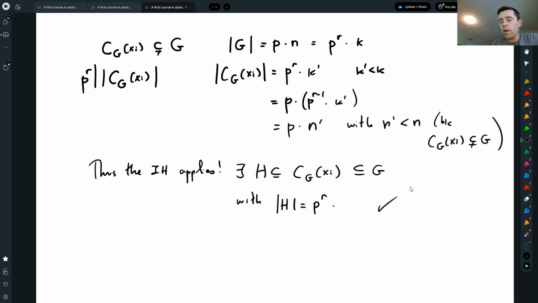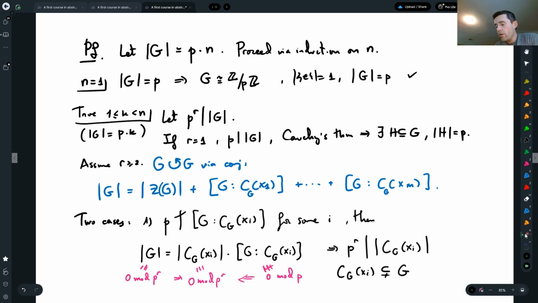Okay, so that is case one: if one of these indices is not divisible by p, then we win. Okay, so what happens if the opposite of this happens, which is all of them are divisible by p?